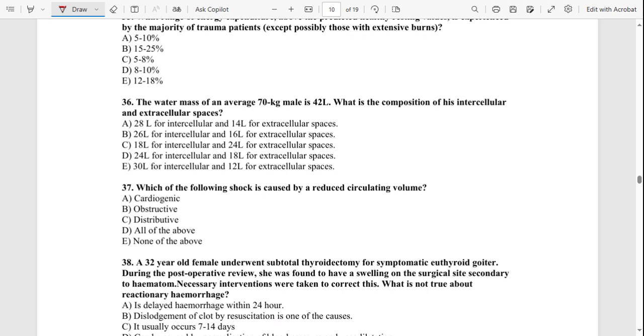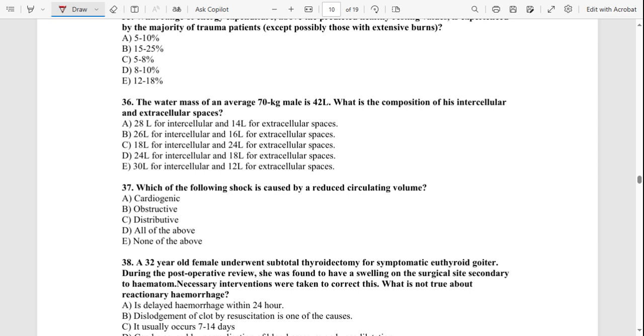Number 36, the water mass of an average 70 kg male is 42 liters. What is the composition of intracellular and extracellular spaces? Sorry, 15 to 25%.